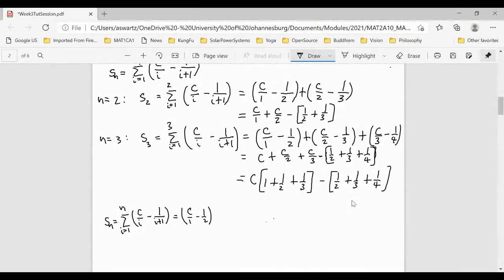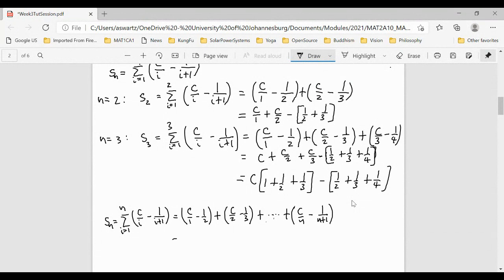We know the second term is going to be C divided by 2 minus a third. Plus, now we can't write out all the terms, so we put down dot, dot, dot, so that we can see the pattern, and then the last term is going to be what? Okay, so for the last term, the value of i is n, so I'm going to have C divided by n minus 1 divided by n plus 1.